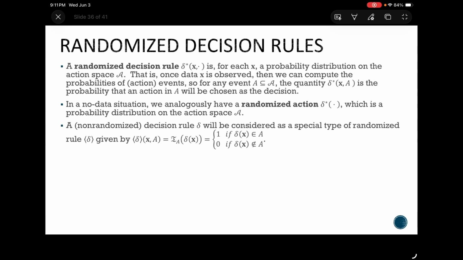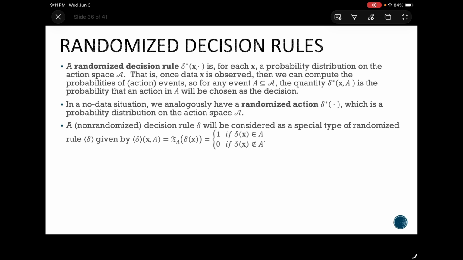So to connect this together with our understanding of a classical decision rule, let's look at how we would take one of those classical decision rules and express it as a randomized decision rule. And so you see here that we will represent this regular decision rule as a randomized rule, and we'll call it delta or angle bracket delta.